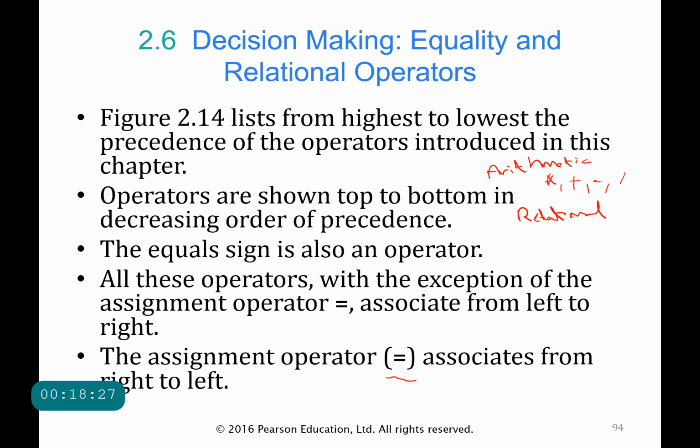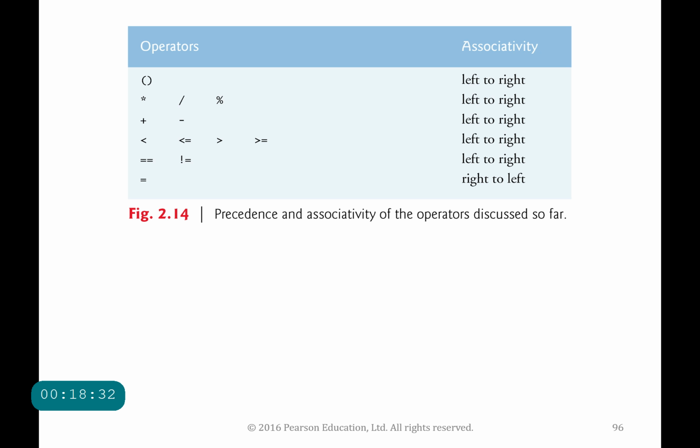Now, if we want to look at the precedence of these, what will generally happen is that parentheses and then other arithmetic operators will have the highest precedence, and then relational operators will have lower precedence, and then after that you will have the equality operator that will have further lower precedence.